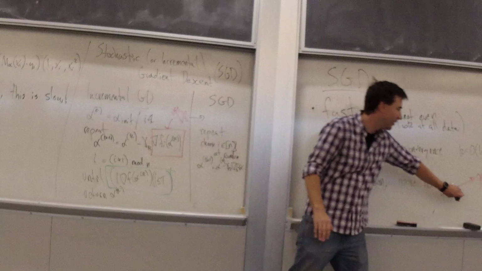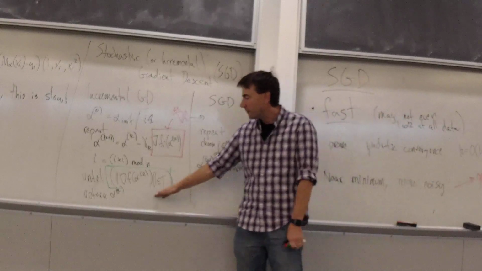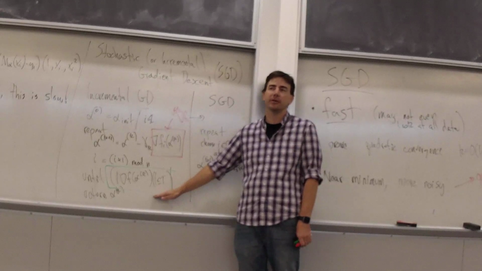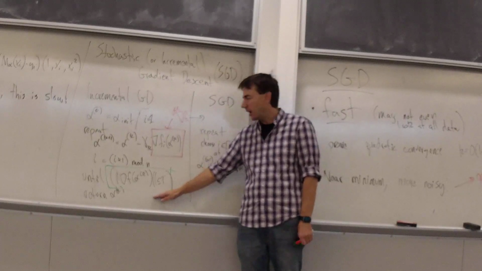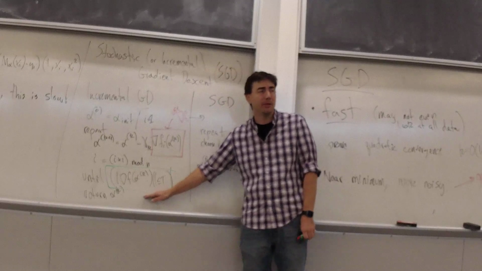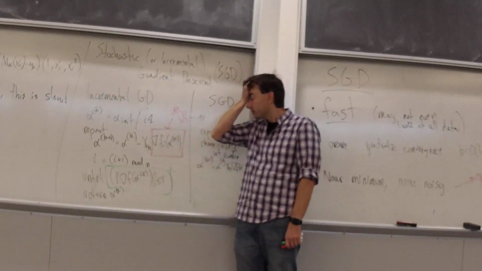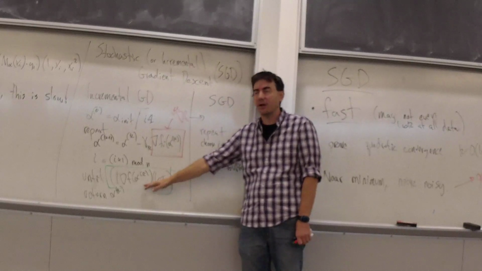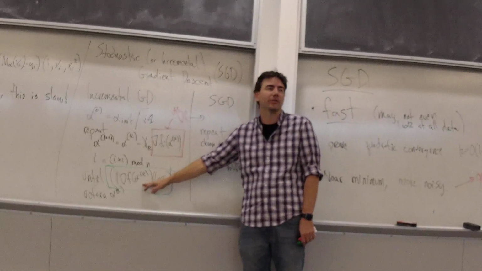So I'll talk about that in a second, but this check of convergence also needs to be done a little bit more carefully. Again, because one data point might be noisy, I'm going to need to probably take the average over the last B updates.